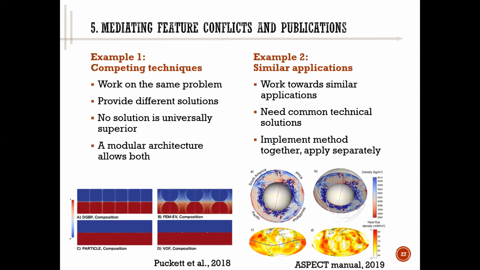In this case, a good communication culture within the project could allow the people to coordinate, to implement the method together cooperatively, and then go on and apply the method for their separate publications. And this creates the question of how to provide proper credit, but I will come back to that.